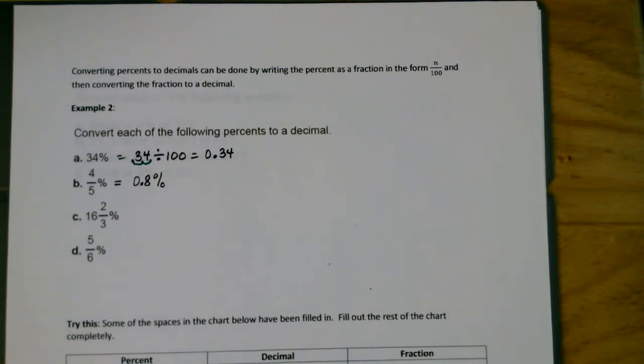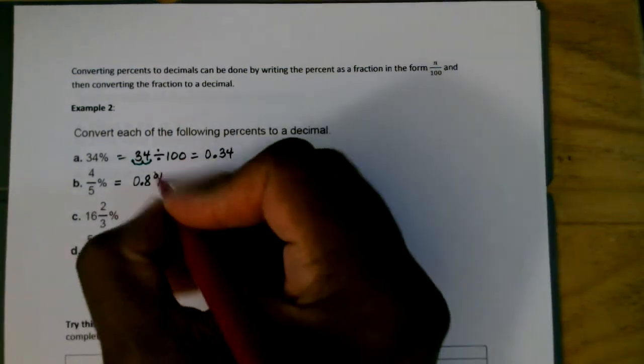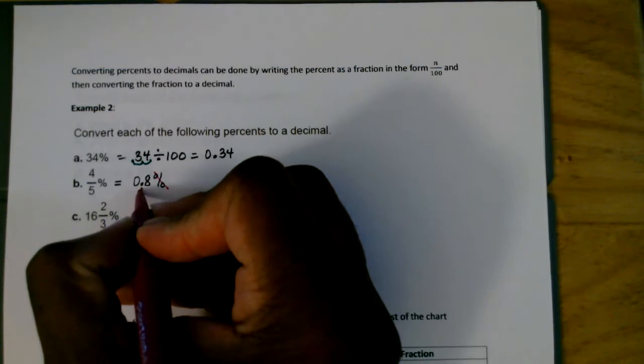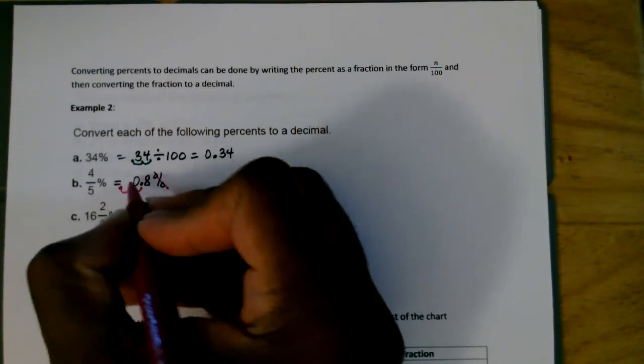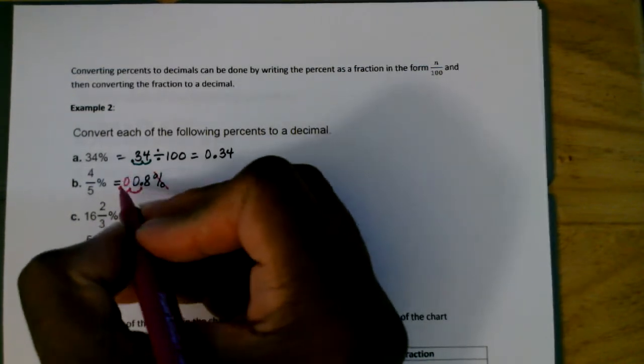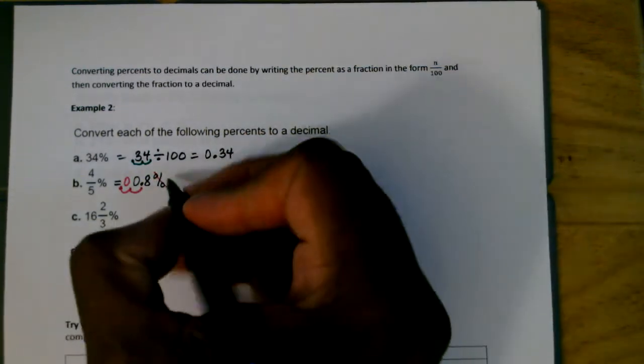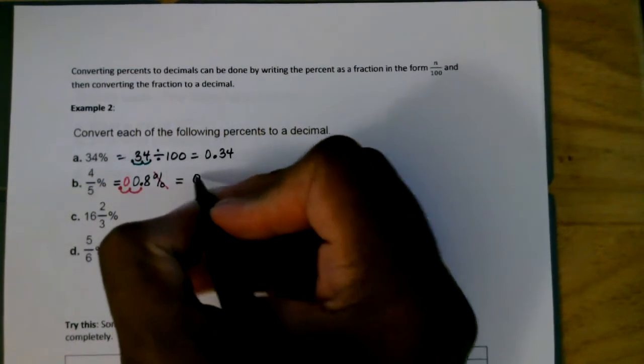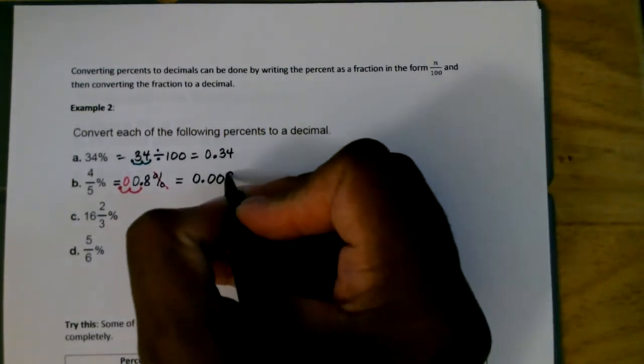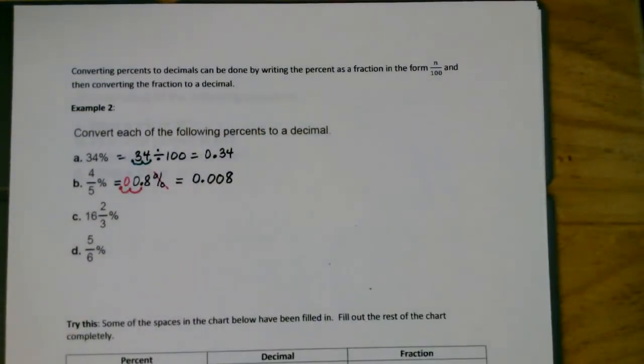And then from here, we drop the percent sign, move this decimal point 2 places to the left. So I know I'm going to have a 0 in front. So that means 4/5% as a decimal would be 0.008. Okay.